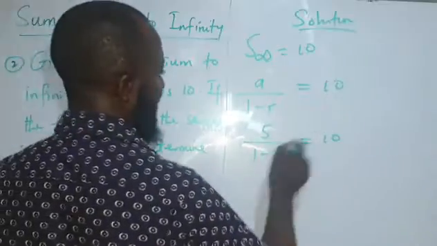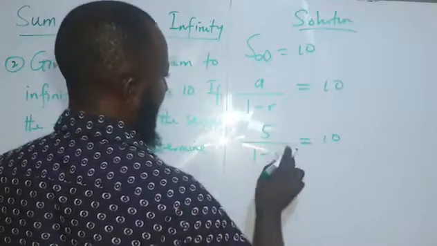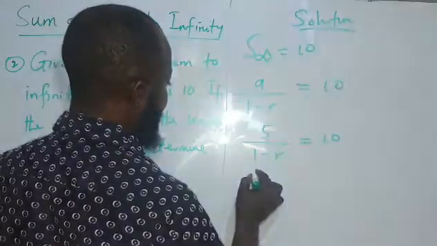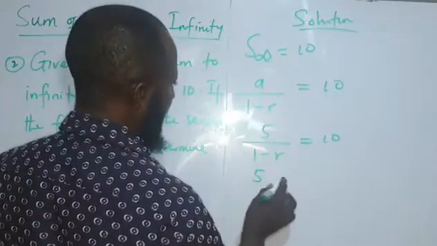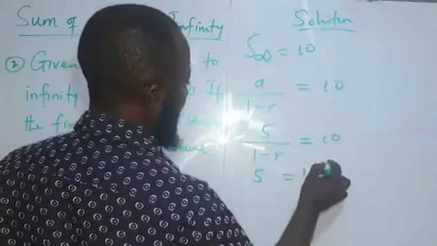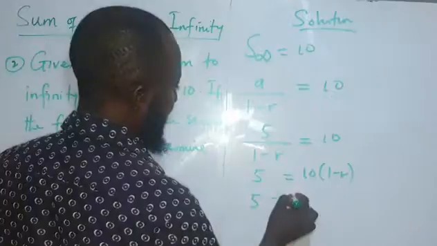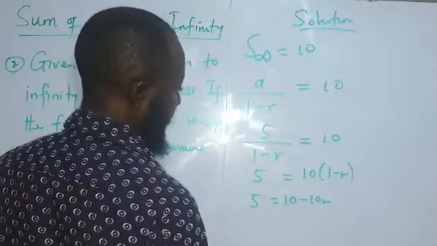So when you multiply both sides by 1 minus r, that means we're going to have 5 equals 10 multiplied by 1 minus r. That means 5 equals 10 minus 10r.